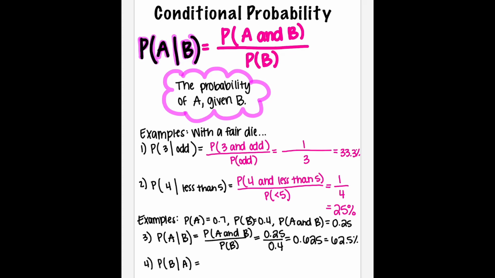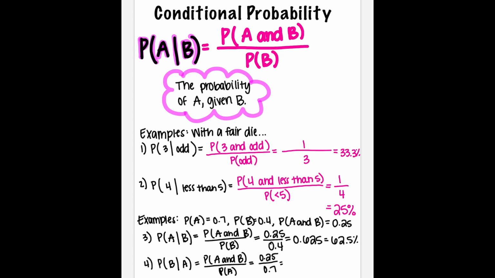Okay, let's try this other one. Notice that the placement of the letters matters. So again, this is the probability of A and B out of just the probability of A. This reads, given that A has already happened, how many of those were also B? The probability of A and B was 0.25.